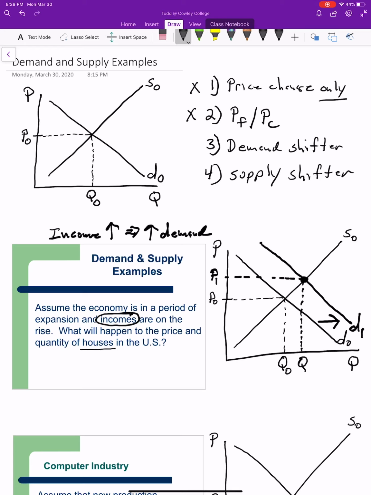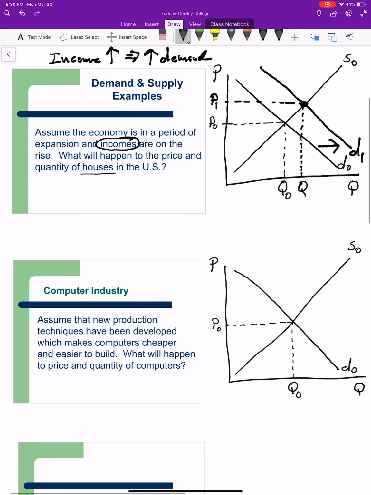And if you go through your demand shifters, there's nothing about population, tastes and preferences, the price of complements, substitutes, or any of those other things. In fact, just by the way this reads, we're talking about the production, the supply of computers. So when you're talking about new production techniques, you're talking about changes in technology.